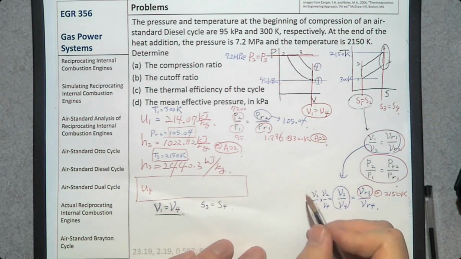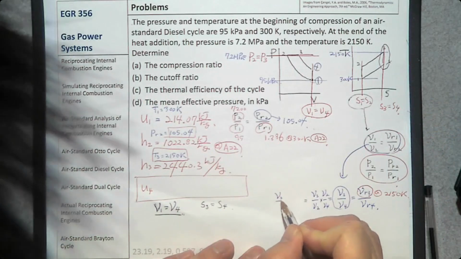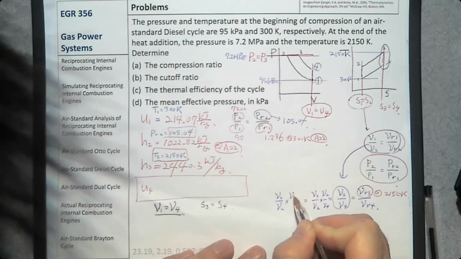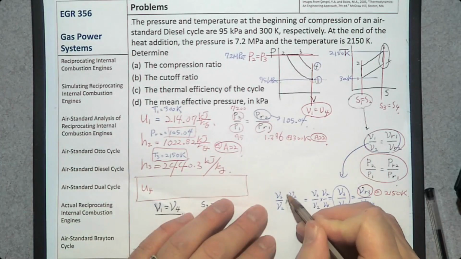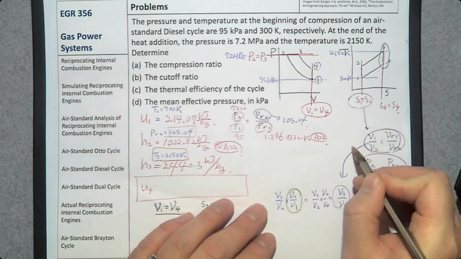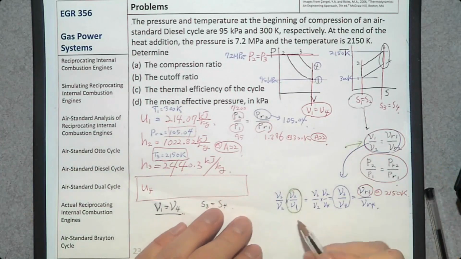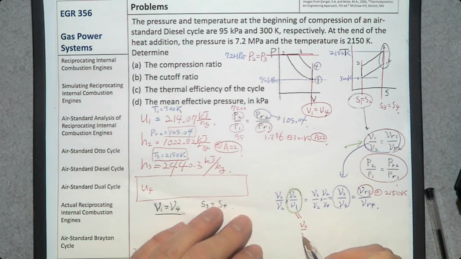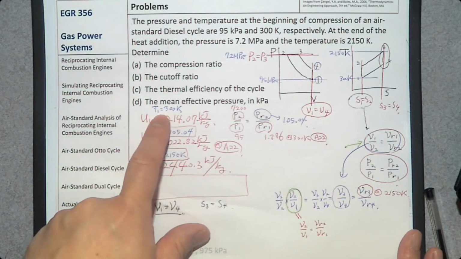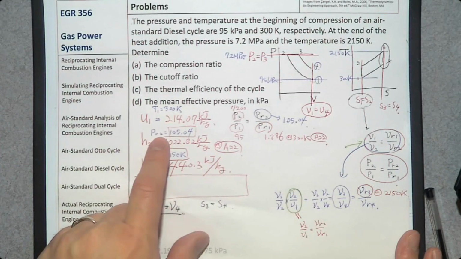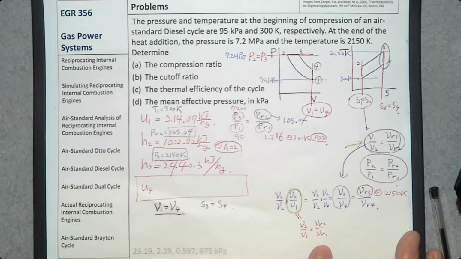So this is V3 over V2 times V2 over V1. Then we can determine V2 over V1 using this relation. V2 over V1 is VR2 over VR1, and since we know the temperature at state number 1 and PR2 at state number 2, we can determine VR1 and VR2.